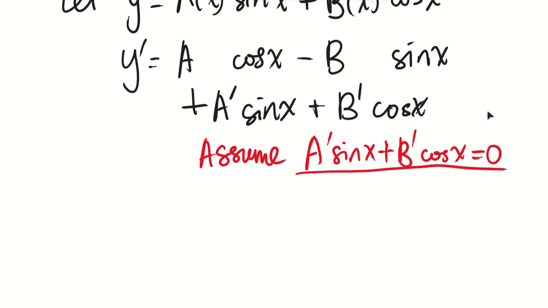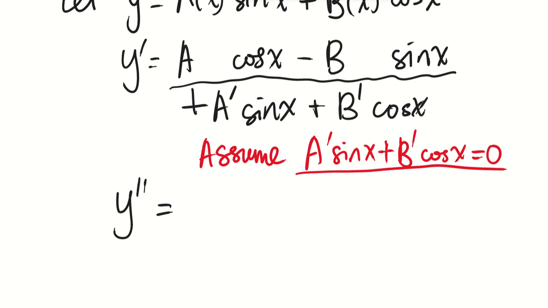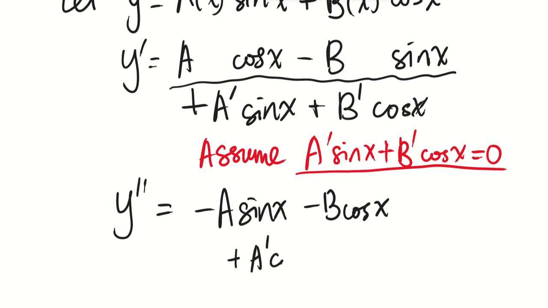So if that thing were to be 0, then y prime prime would be just differentiating this part, which is negative a sine x minus b cos x. Again, we still have to use the product rule, so plus a prime cos x minus b prime sine x.